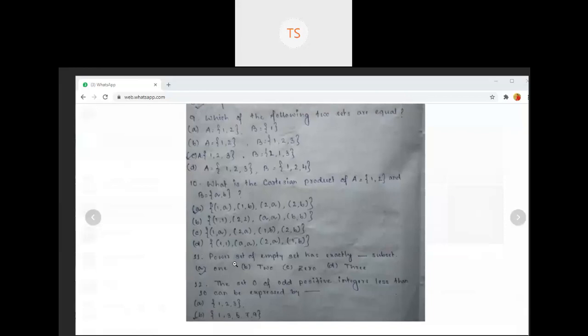First of all, the odd positive integers. So what are the odd positive integers which are less than 10? 1, 3, 5, 7, 9. Because they are positive, we will only choose from 1 to 10, and they are odd. So our correct option is option B. Okay.